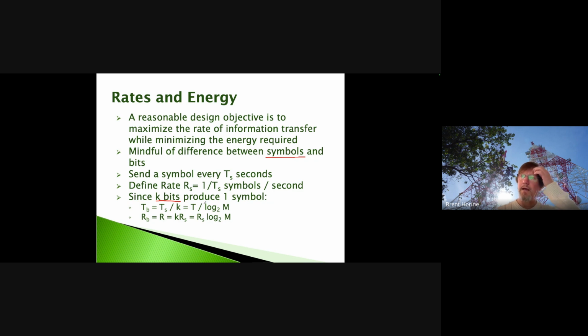In modern communication systems, you might easily see M of 1024, which gives you a K of 10. Could be 4096, we're really pushing it then, that would be a K of 12. But more typically, M might be 4, 16, or 64.